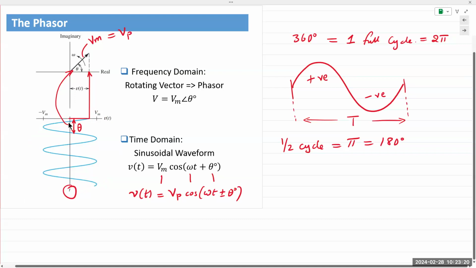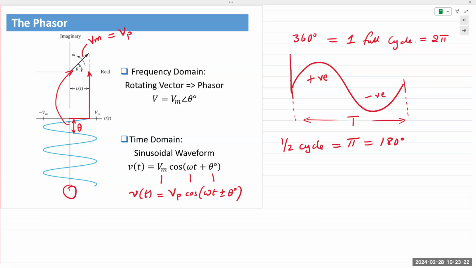If that time domain representation crossed the x-axis at 0, 0, then the phase would be 0. Theta would be equal to 0. The vector would be lying flat on the real axis. The phase angle would be 0. Make sense? So the two things that describe it are Vm and the phase angle theta. And that's it.